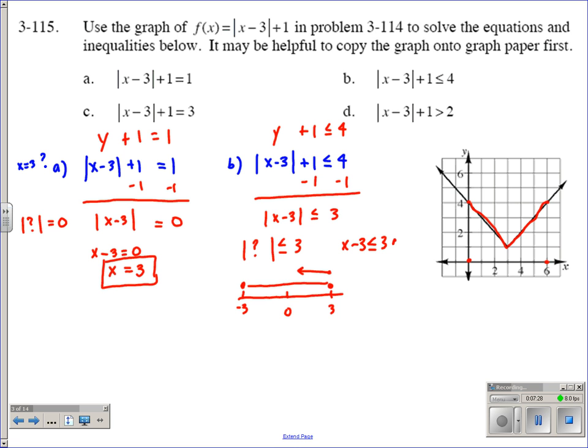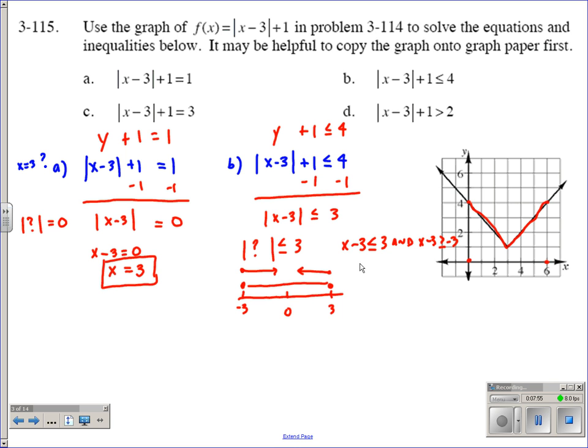And think about inequalities coming from here. What would this inequality be? Well, you're going to say x would be greater than or equal to negative 3. So we have to write a second inequality. x minus 3 has to be greater than or equal to negative 3.